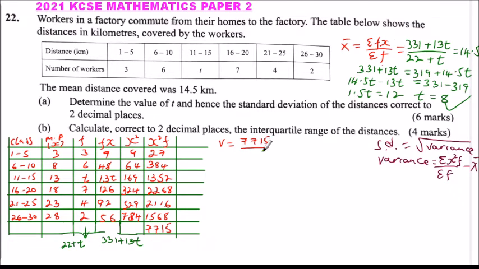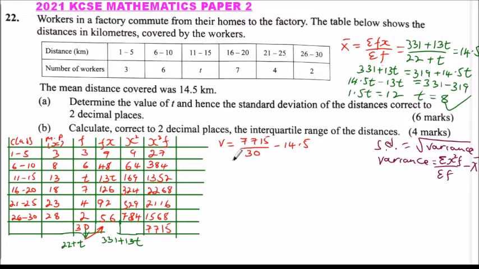You divide by summation, this is 30. You divide by 30. Then you minus the mean. The mean is 14.5, and that you'll be able to get.